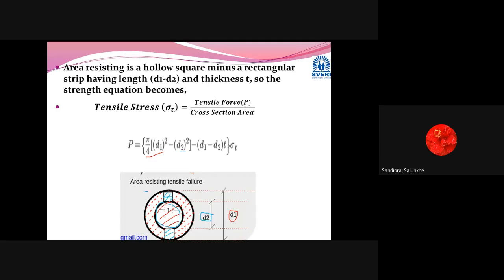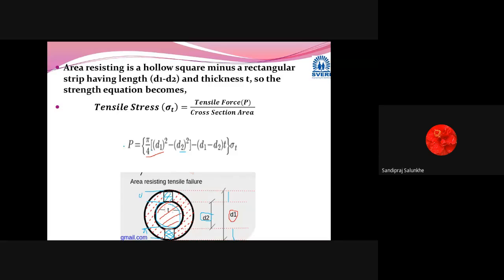But what is this dimension? Simply, d1 minus d2 gives this much length and this much length, if you subtract d2 from d1. Both these lengths are considered, multiplied by t, that will be this area plus this area.